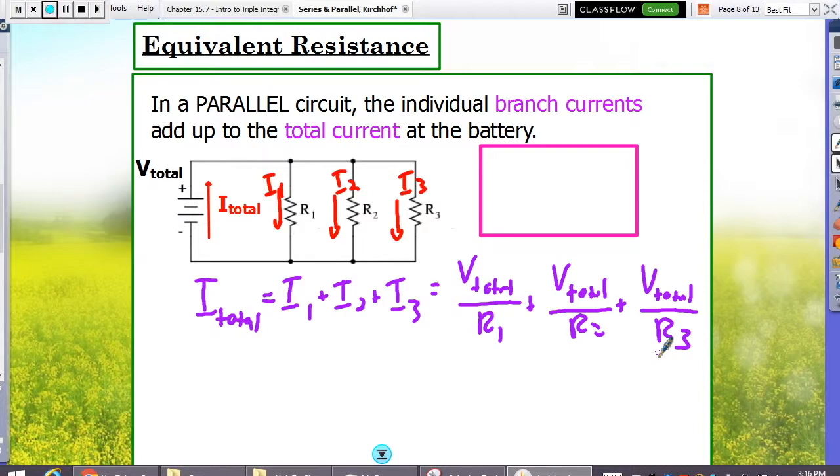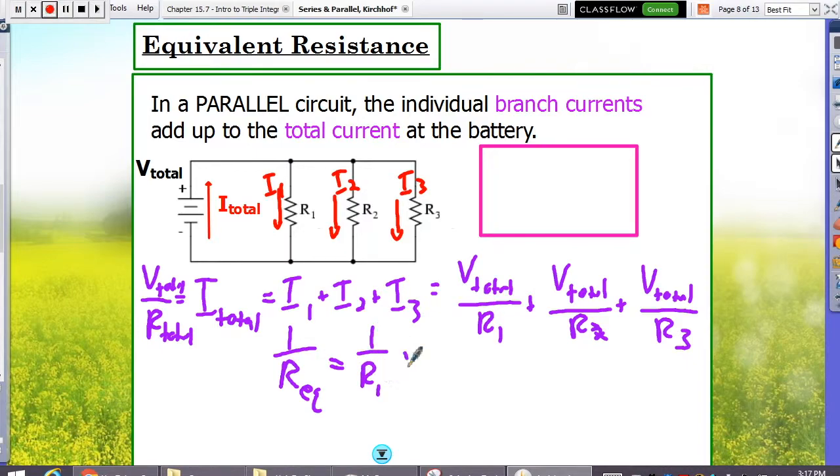But of course, I total, this black box thing, is just V total over R total. So what we find is this weird relationship, which might seem familiar to you. 1 over R total, or 1 over Req, our equivalent resistance, is going to be equal to 1 over R1 plus 1 over R2 plus 1 over R3.